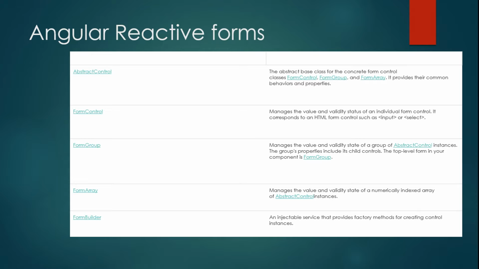The form control manages the value and validator status of an individual form control, and the form group class manages the value and validity of a group of abstract control instances, that is, a group of form control instances. Form array manages the value and validity state of a numerically indexed array of abstract control instances. Since form control inherits abstract control, we can define the validator functions for the form input element which is bound to it.